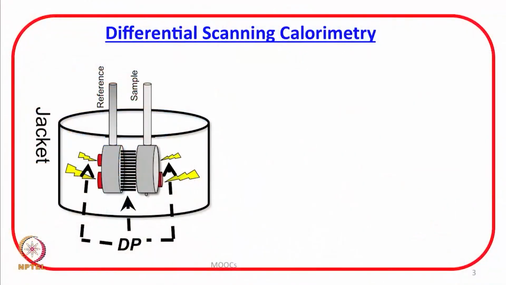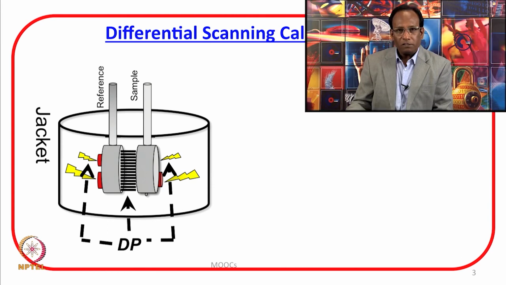Let us take a look at the block diagram of a differential scanning calorimeter. I am going to discuss the principle of differential scanning calorimetry. The principle remains the same, whether it is a differential scanning calorimeter for the measurement of large amounts of heat changes or a micro differential scanning calorimeter.